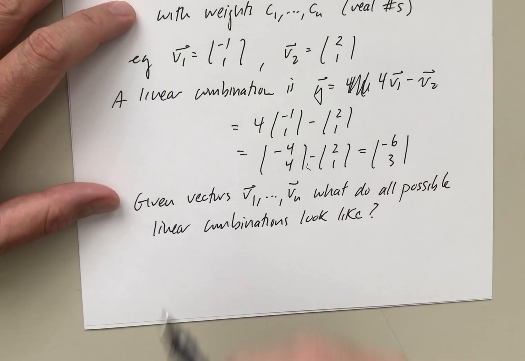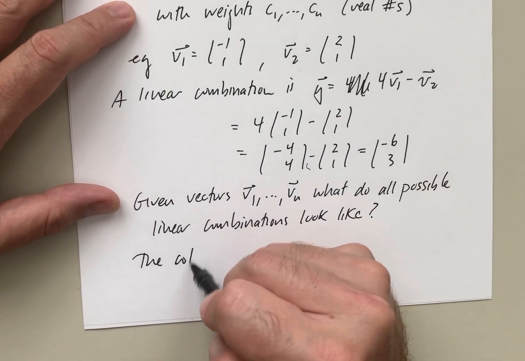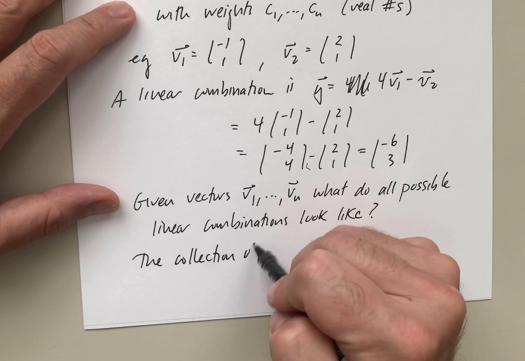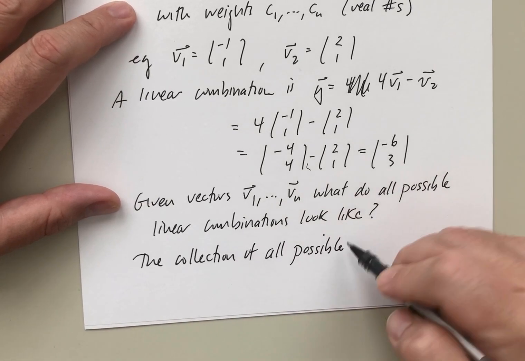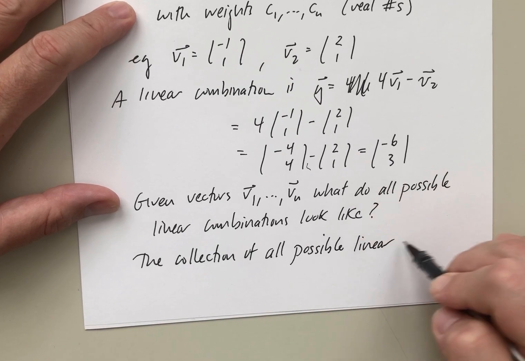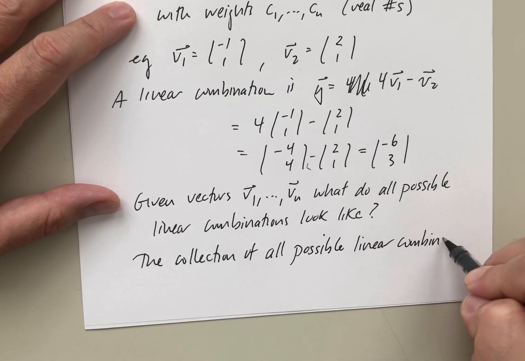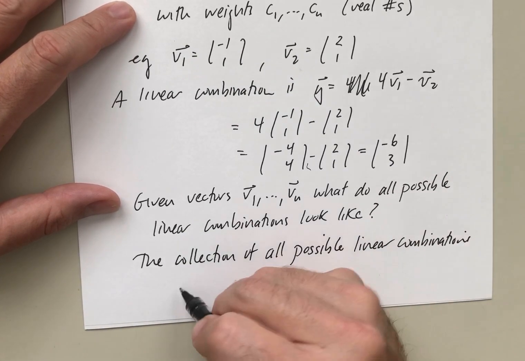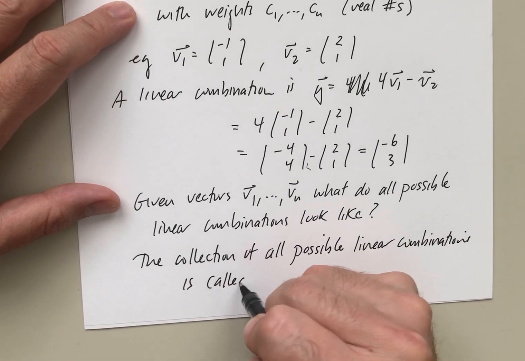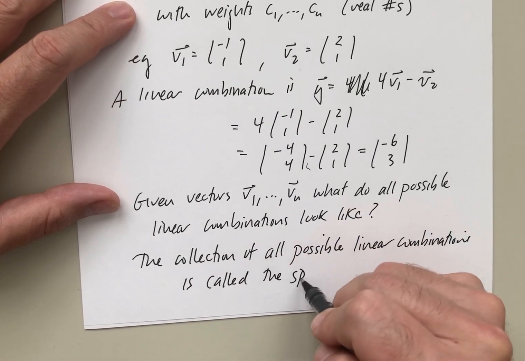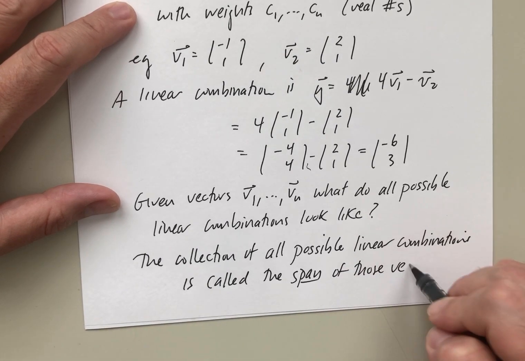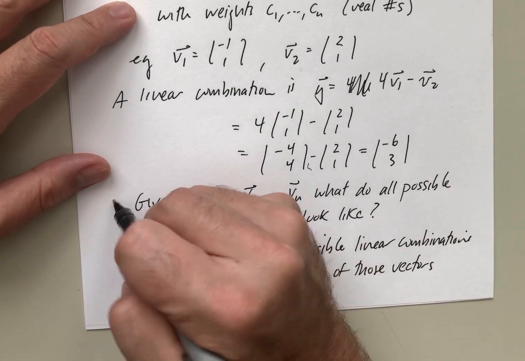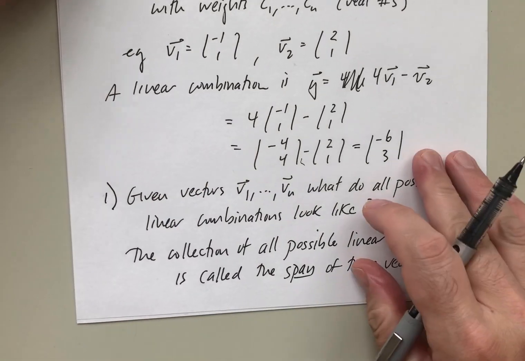This collection of all possible linear combinations has a name. It's called the span of those vectors. So maybe this is question 1. I want to get you thinking about one more thing before we sign off.